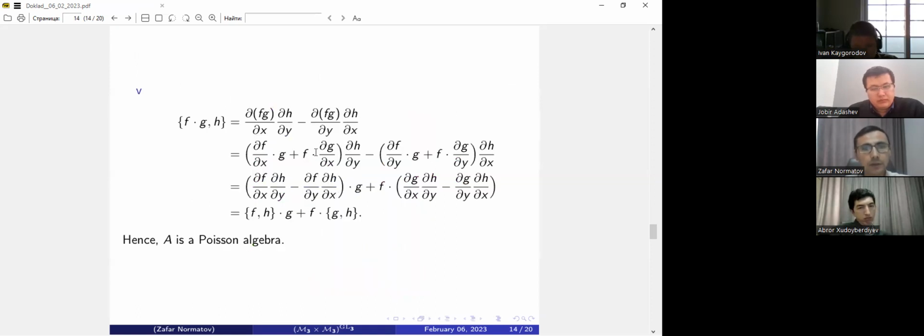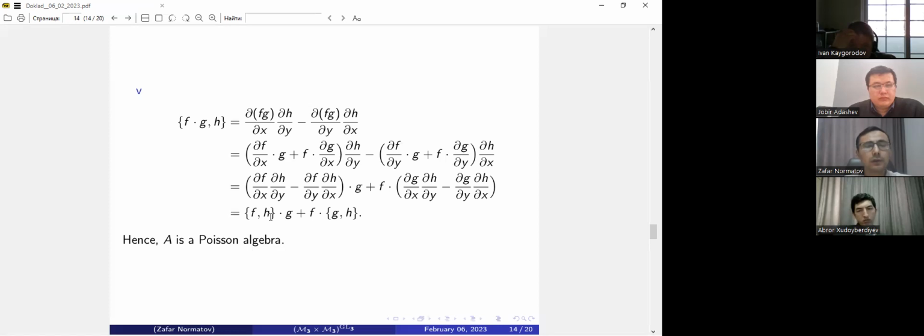And this is also the last condition, the Leibniz rule between the two operations holds. Hence, the polynomial algebra in two variables is a Poisson algebra. This is the particular case for n equals 2, namely in two variables. And I think it generalizes to any n, so the polynomial algebra in n variables is a Poisson algebra.